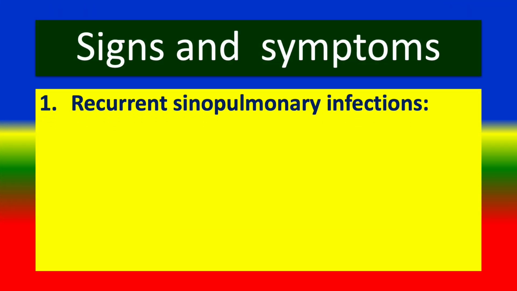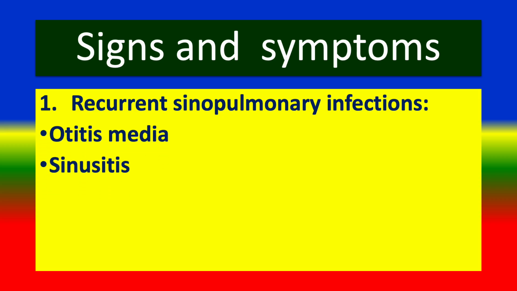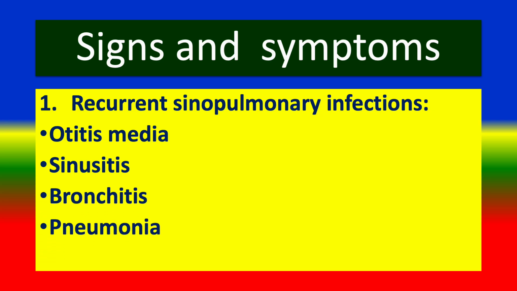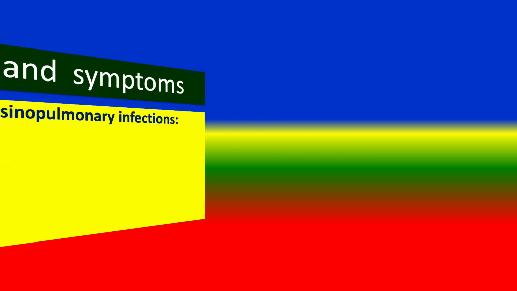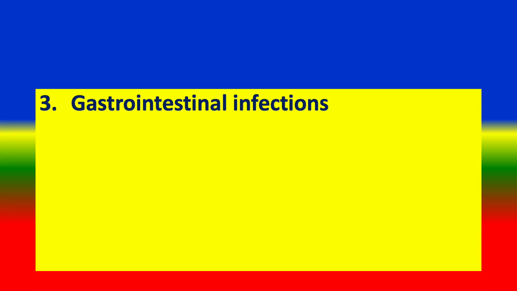Signs and symptoms. 1. Recurrent sinopulmonary infections: otitis media, sinusitis, bronchitis, pneumonia. 2.